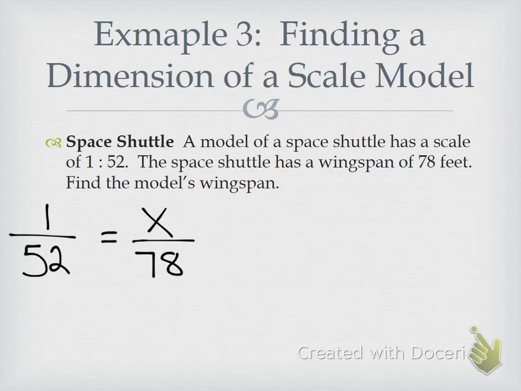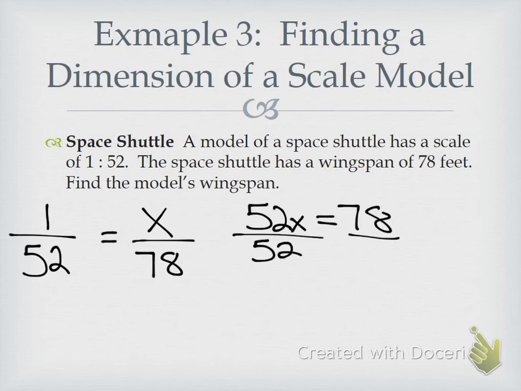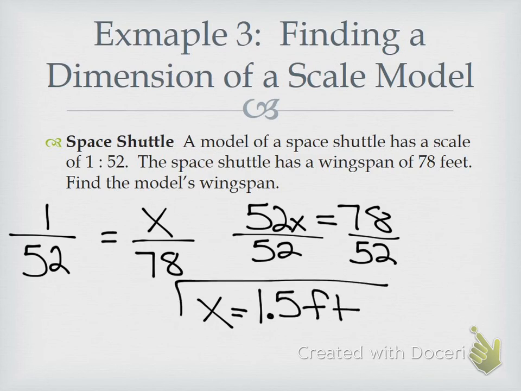The unit label is not necessary because I'm comparing everything in the same unit. All right, so I end up with 52x equals 78. Divide both sides by 52. And x equals what? 1.5. And I know that it's in feet. Okay? I know it's in feet.